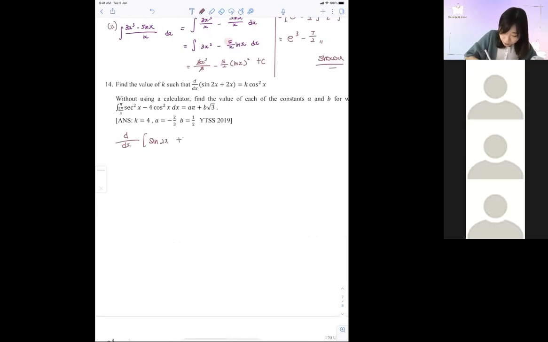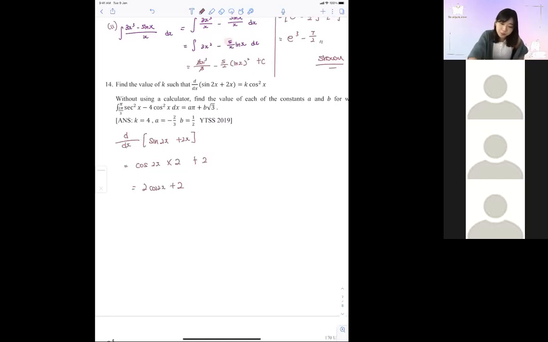So sine 2x plus 2x, Dylan back. Differentiate of sine is cosine. Every time when you differentiate, it's times differentiate of the power of the angle. Every time when you integrate, is divide. So differentiate of 2x is 2. You get 2 cosine 2x plus 2.